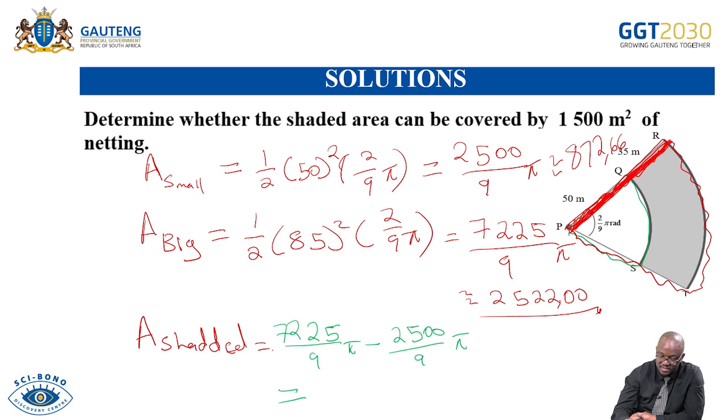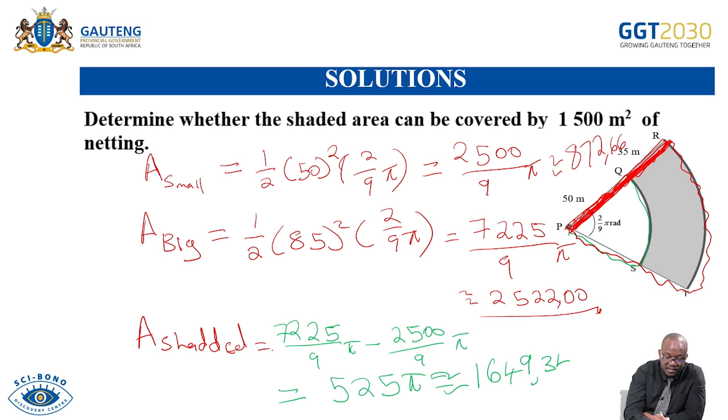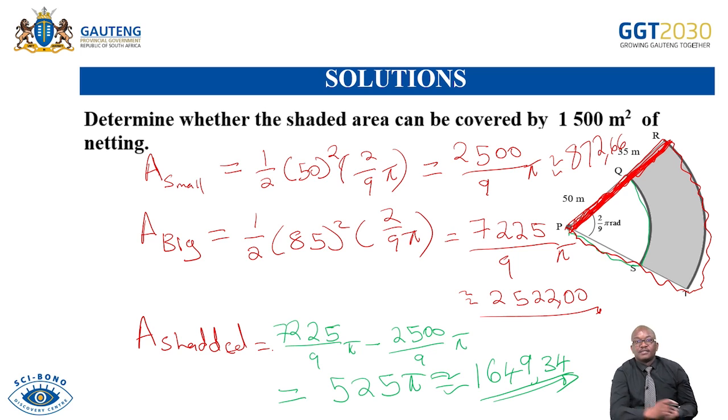Then your answer there will be 525 pi, which is equivalent to 1,649.34.